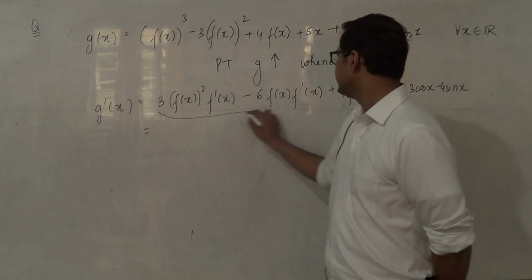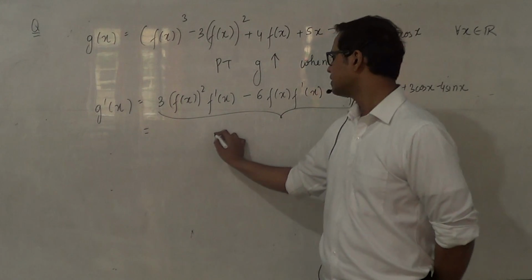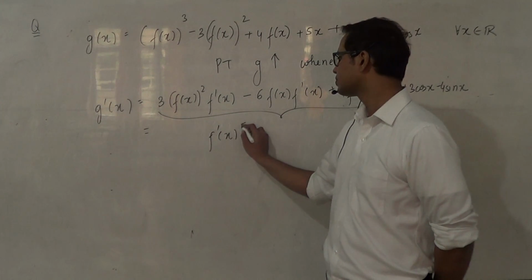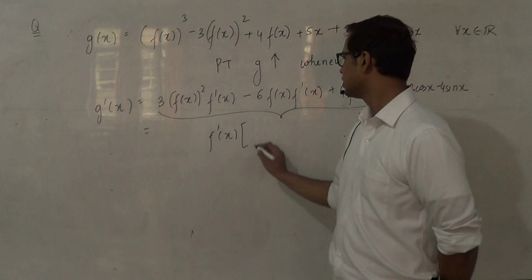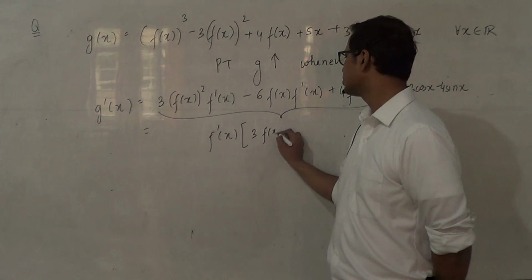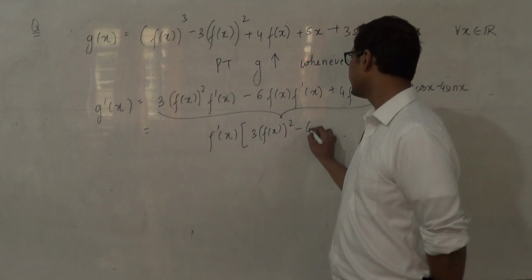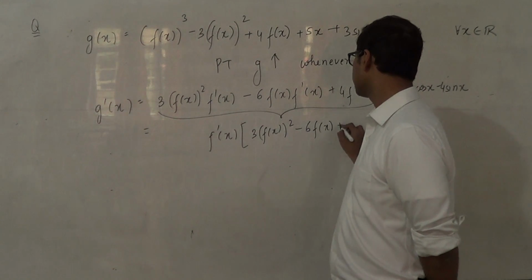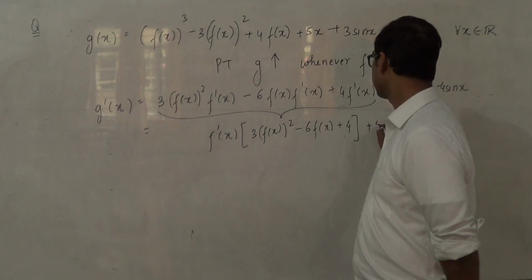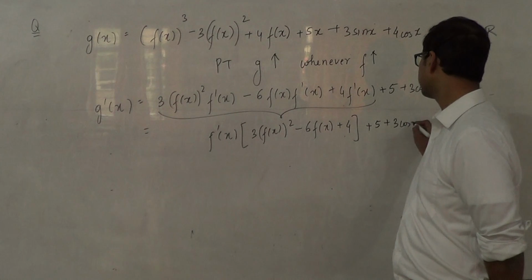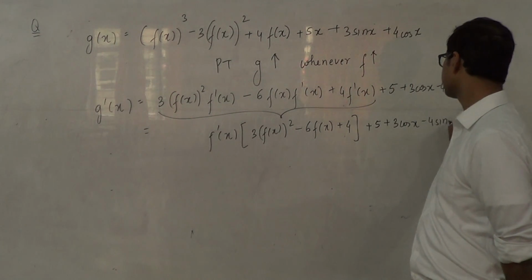Now at least from these terms, can I take f dash x common? Correct? And I will have 3f of x whole square minus 6f of x plus 4, plus 5 plus 3 cos x minus 4 sin x.